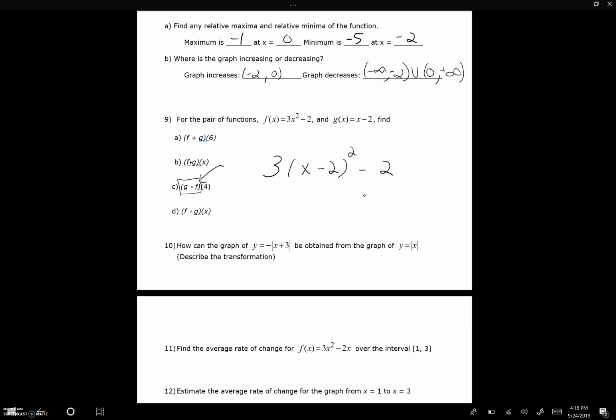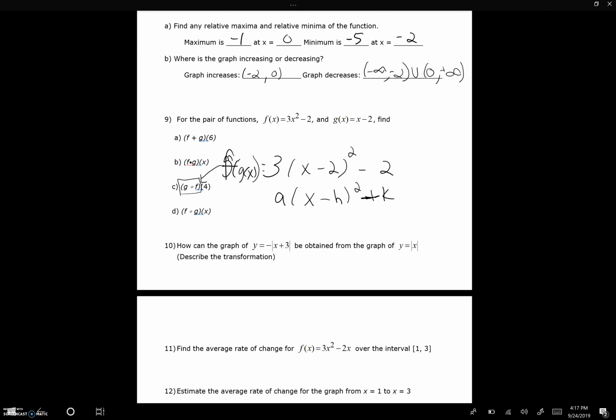This is perfectly acceptable. This looks like vertex form of a quadratic. So let's go over vertex form really quick. So this is going to be f of g of x. Vertex form means that a times x minus h squared plus k.